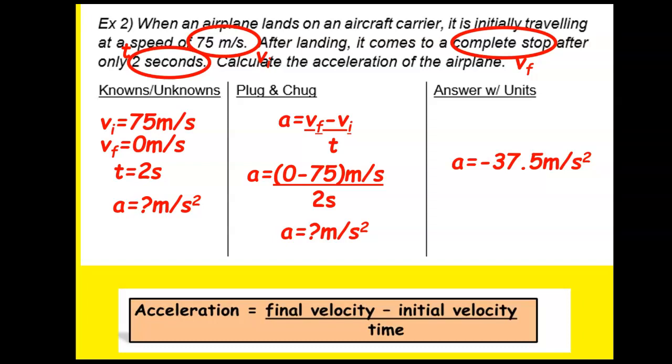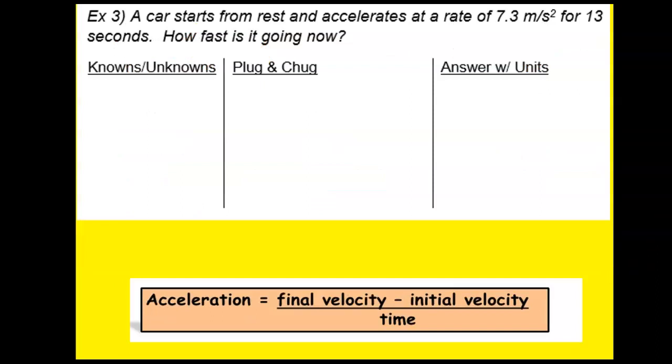Here you see that I have a 0 for one of my speeds because it is coming to a complete stop. Another way that you would see a 0 would be initial, if it starts from a stop to accelerate to a different speed. That would be acceleration.